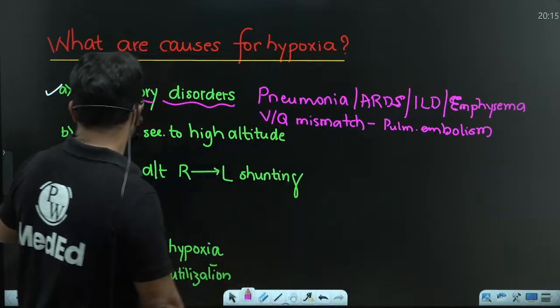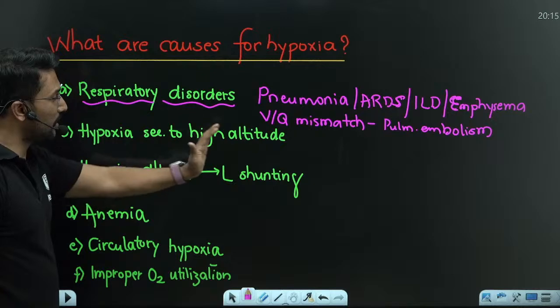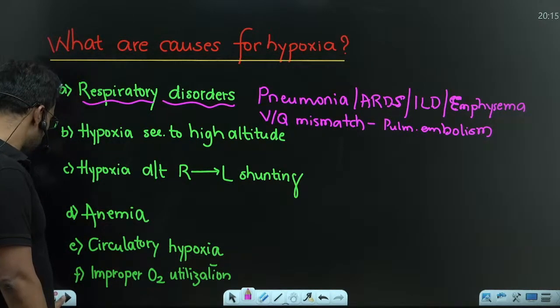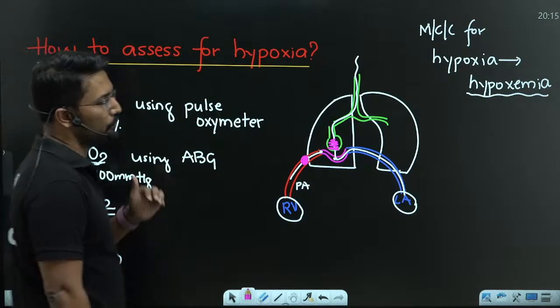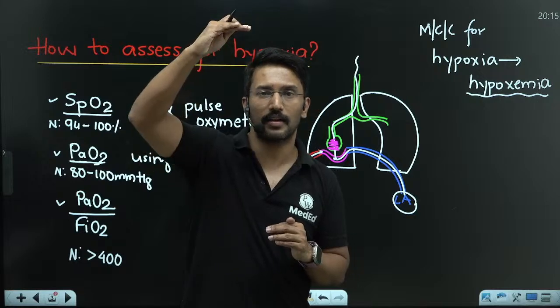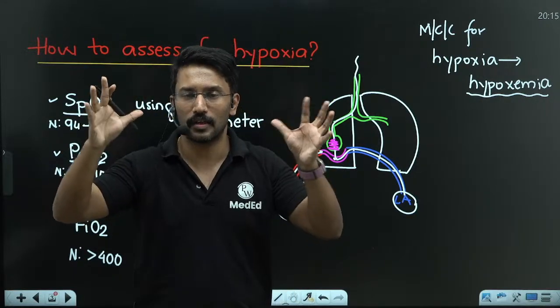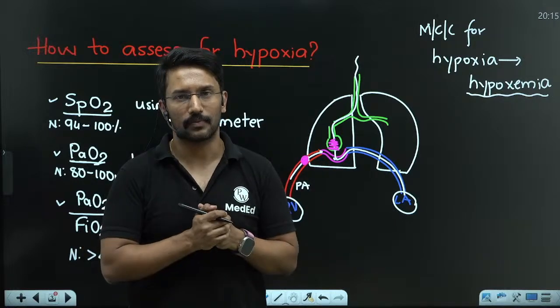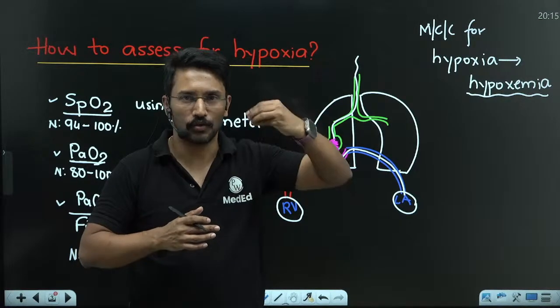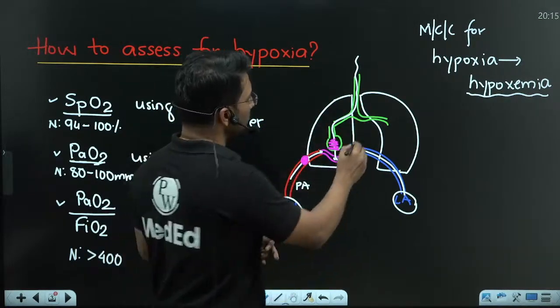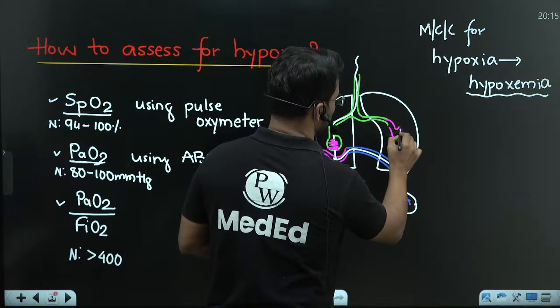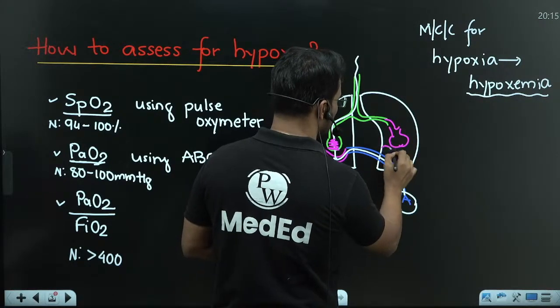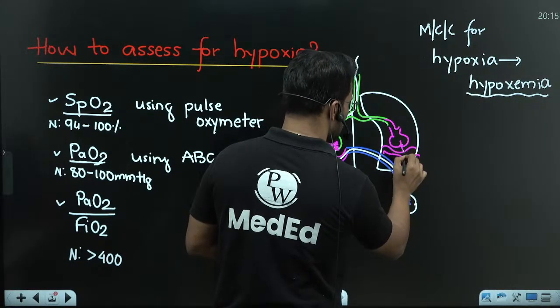Okay. Then we can have hypoxia secondary to high altitude. Why will we have hypoxia secondary to high altitude? As we ascend higher in altitude, the ambient oxygen level starts decreasing, or in other words, the patient's FiO2 goes on decreasing. So if less oxygen comes into my alveoli, obviously I will be sending less oxygen into the blood.